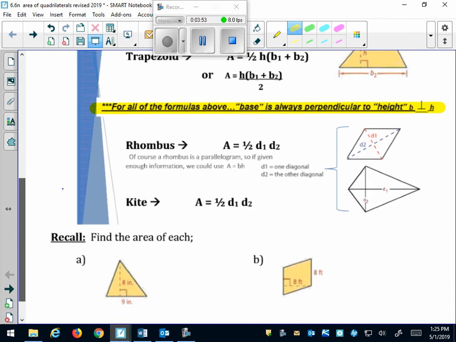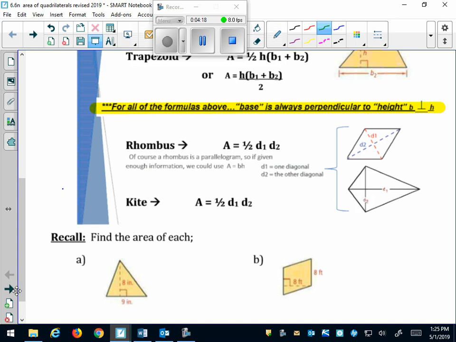Okay, so rhombus and kite have the same area formula, and that is 1/2 D1 times D2, where D1 and D2 are the lengths of the two diagonals. So are the two diagonals in a rhombus the same length? In a rhombus, no. Parallelograms, no, right?